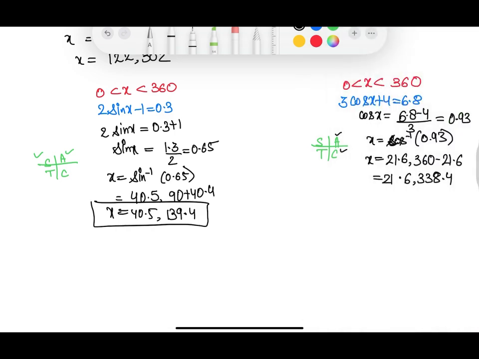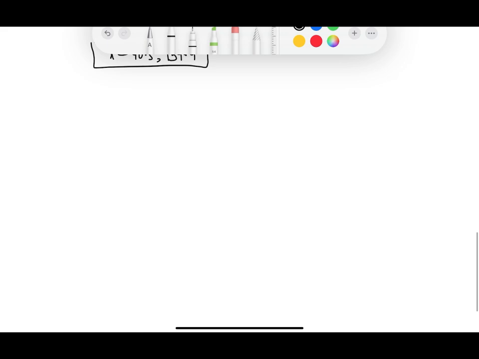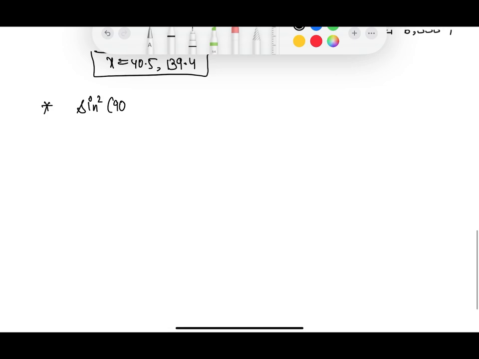So this is how we are supposed to find the values. Let's do one question with 90 and 270 without putting any numbers, using theta. The question is sine squared of (90 plus theta) minus cos of (270 plus theta) minus cos of (90 plus theta).